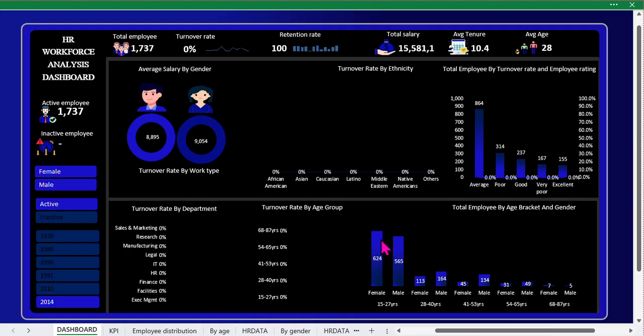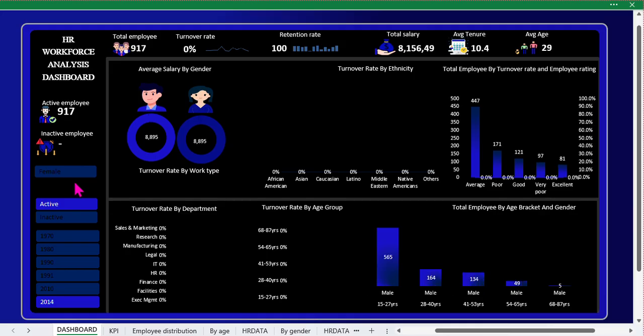You can go ahead and narrow this data down more. Let's check male. Okay, so this is the male now. We are looking at only the male, and this is still 2014, 917. So you can check other things to narrow this down more.